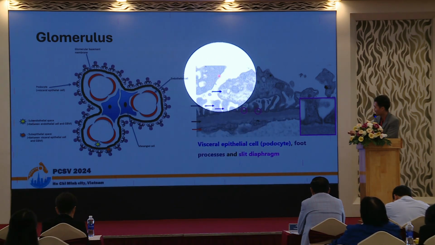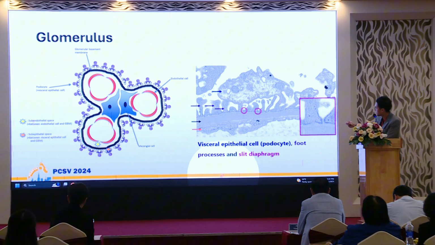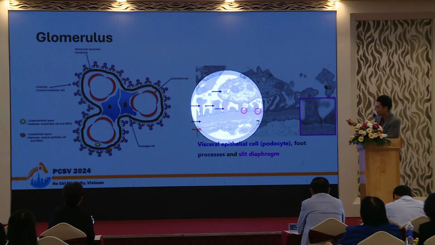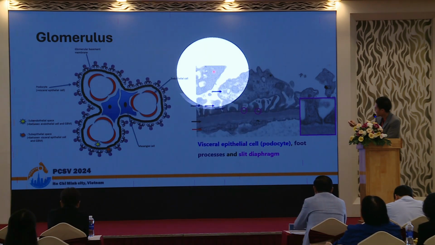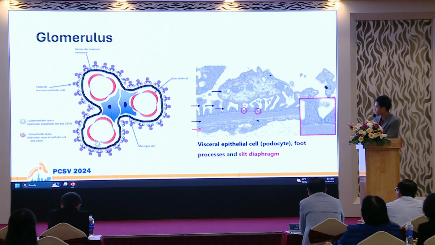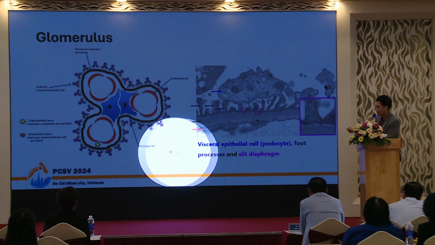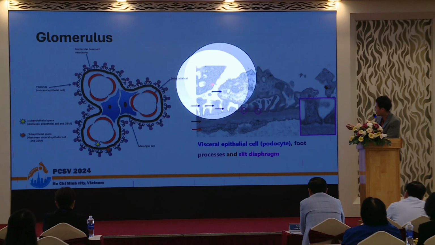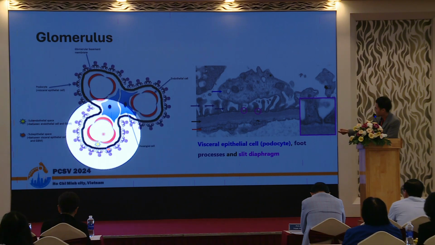If they are damaged, normal urine is not made. For example, if the podocyte is damaged, albumin will leak into the urine, so there will be proteinuria. Or if the basement membrane is damaged, RBCs leak into the urine, causing hematuria.